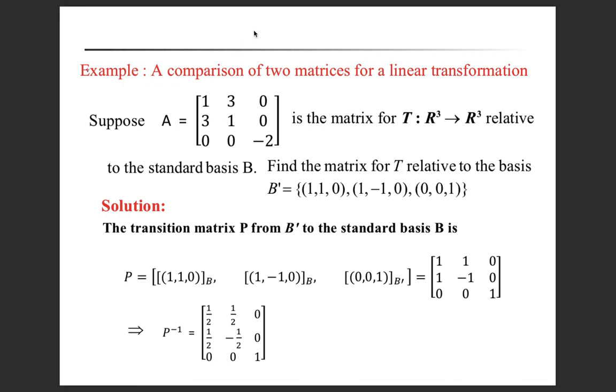Now, comparison of two matrices for a linear transformation. Suppose A is equal to [1, 3, 0; 3, 1, 0; 0, 0, minus 2], the given matrix for the transformation T from three-dimensional real space to itself relative to the standard basis B. Find the matrix of T relative to the basis B dash: (1, 1, 0), (1, minus 1, 0) and (0, 0, 1).